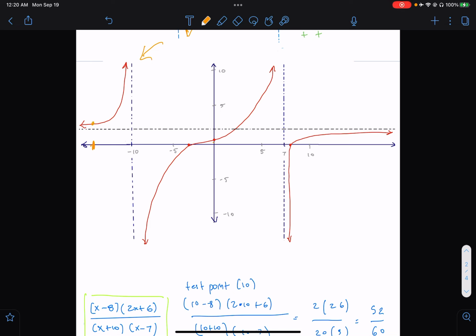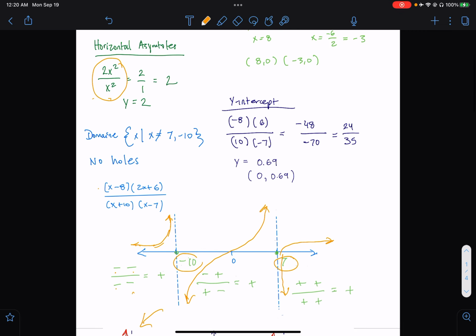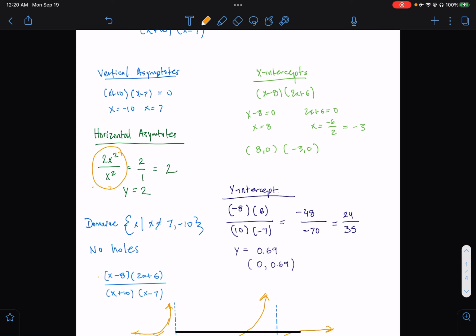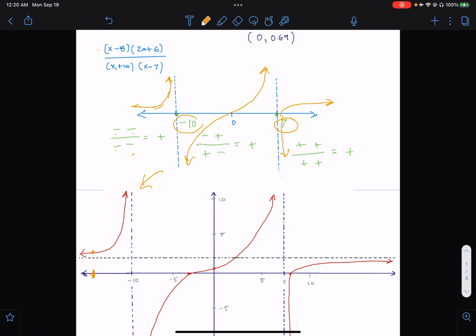And again, this isn't perfectly scaled, but as long as it's above the horizontal asymptote, which is equal to 2, which is what this line is.